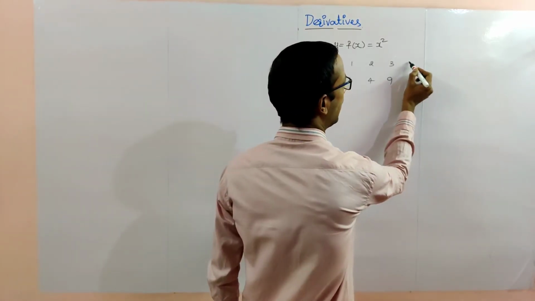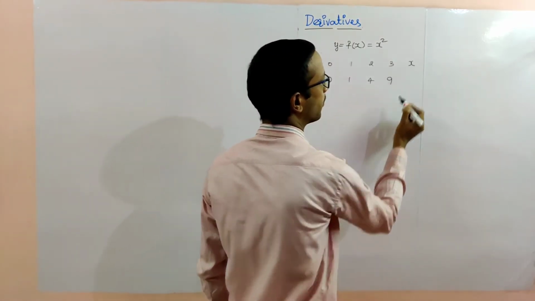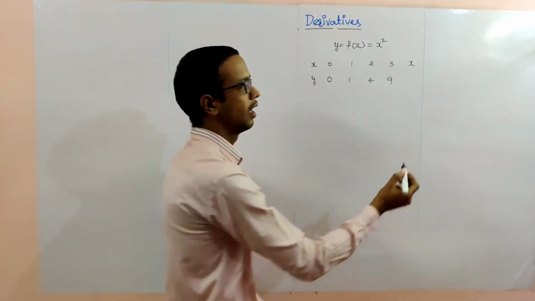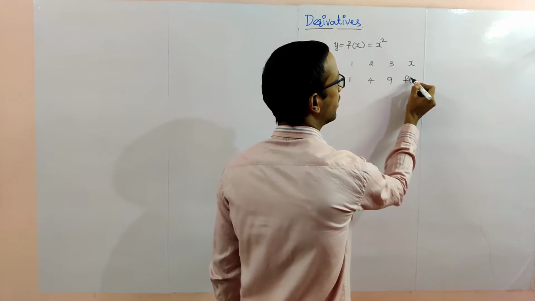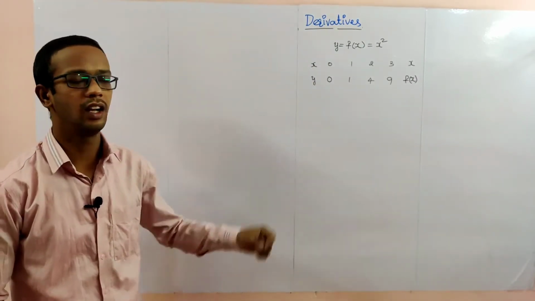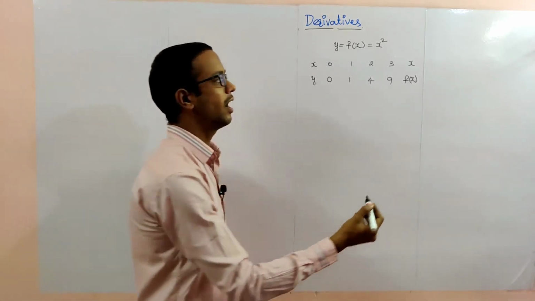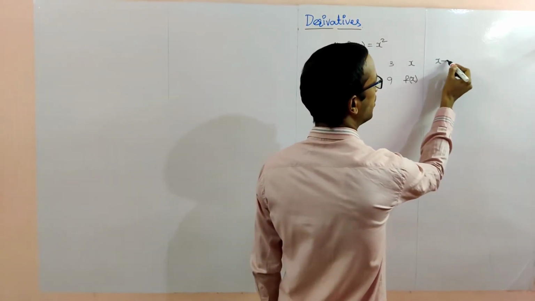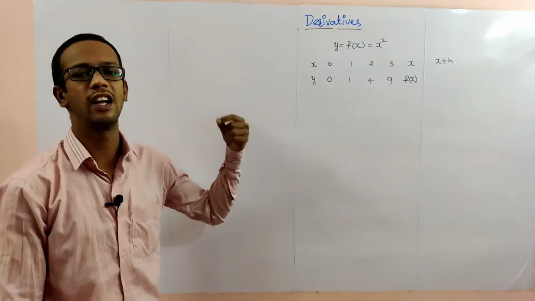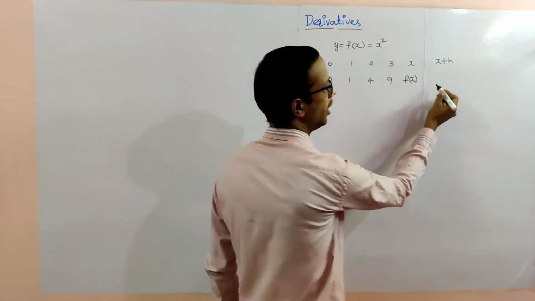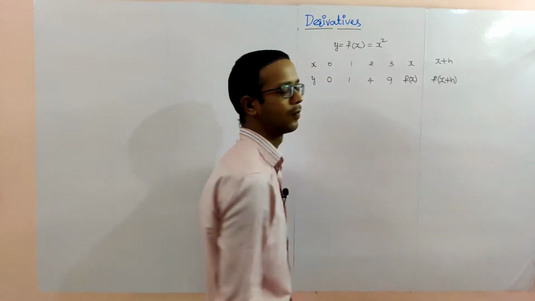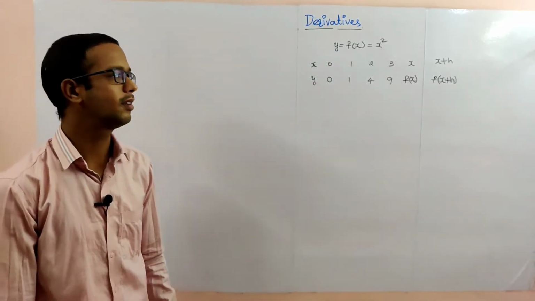If you take x here, what will you get? Here the function of x, that is f of x. In general I am taking x plus h. If you increase the value to x plus h, you will get f of x plus h.